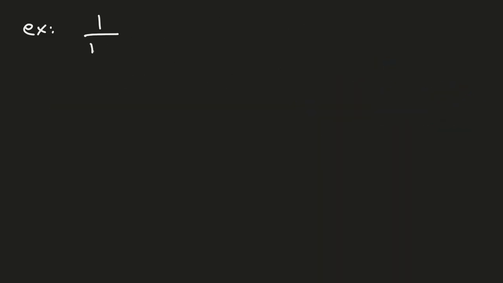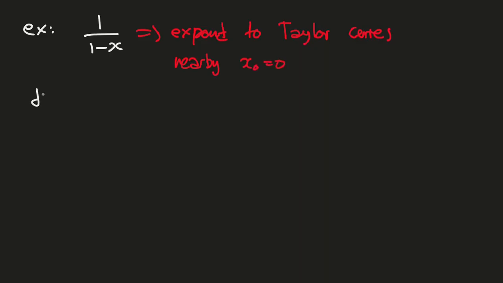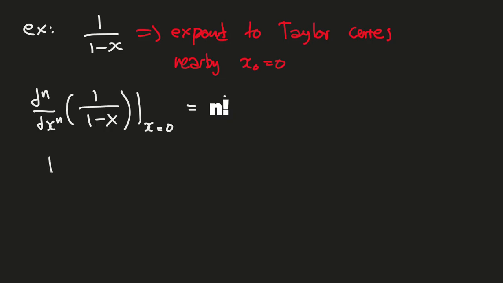For example, if I expand the function 1 over 1 minus x by Taylor series near x0 equals 0, I get that any derivative of this function evaluated at x0 equals 0 is equal to n factorial. And our function in series expansion will become this.